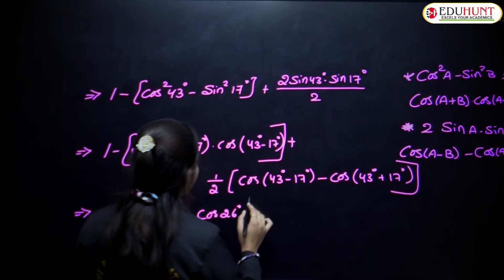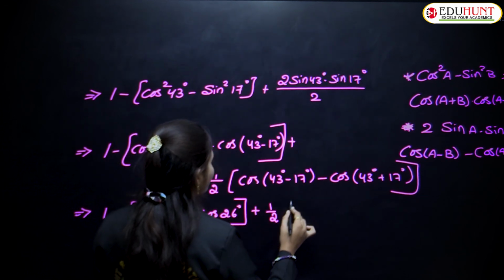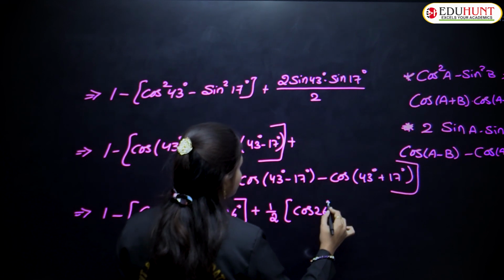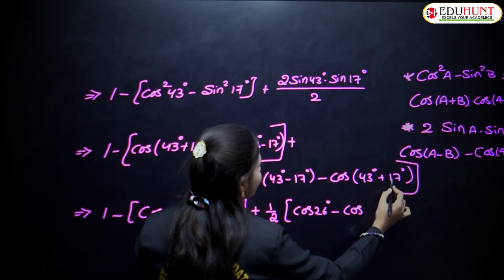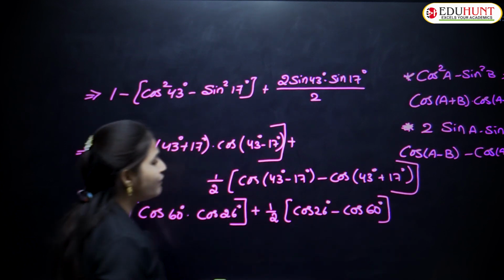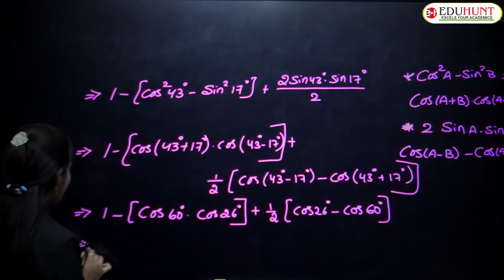Cos 26 degrees, plus 1 by 2 into 43 minus 17 degrees, again cos 26 degrees, minus cos of 43 plus 17 degrees, which is nothing but 60 degrees. And we know the value of cos 60 degrees, so we have to substitute it here.